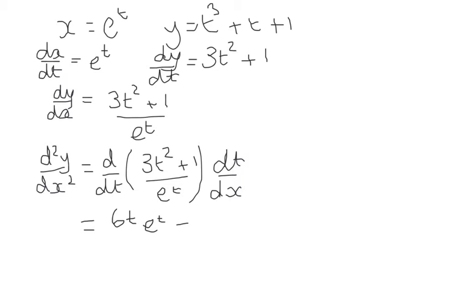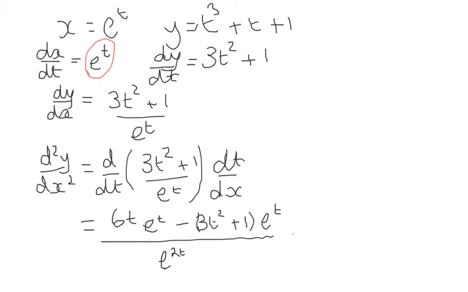Then subtract 3t squared plus 1 left alone, multiplied by the derivative of the denominator, which is just e to the t, divided by the denominator squared, e to the 2t. Multiply by dt/dx. We know that dx/dt is e to the t, so its reciprocal is 1 over e to the t. Tidying up these terms on the next slide.